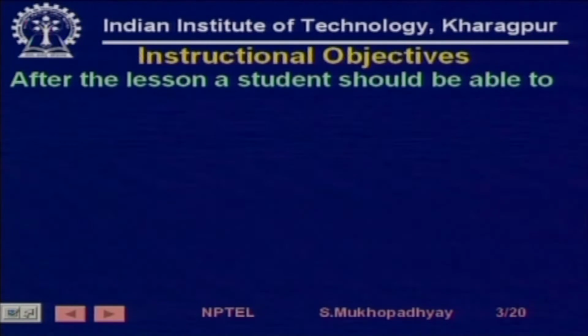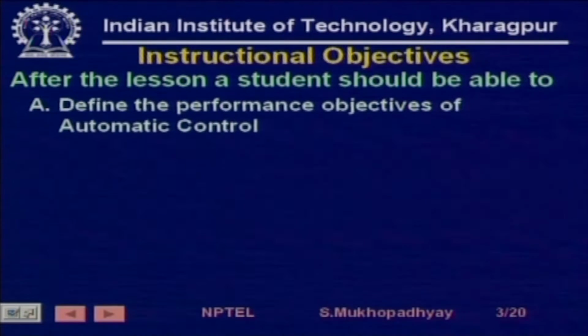As we usually do, let us look at the instructional objectives of this lesson. After this lesson one should be able to define the performance objectives of automatic control, what basically automatic control wants to do.